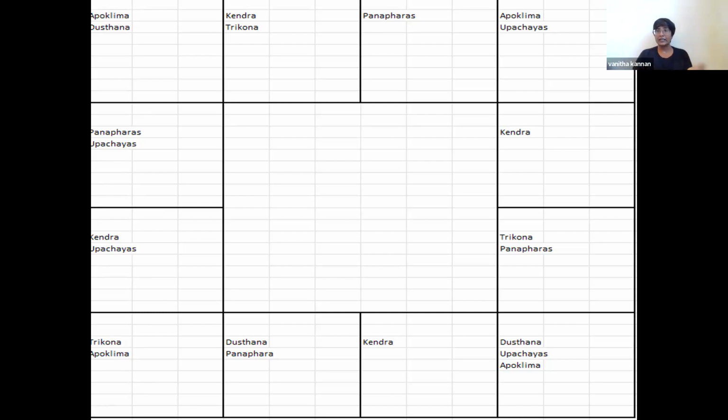The kid will be very sick in his young age, but when he grows into an adult, the man or woman becomes very healthy. The apoklima reduces your auspiciousness, but your upachaya will increase the auspiciousness year by year.